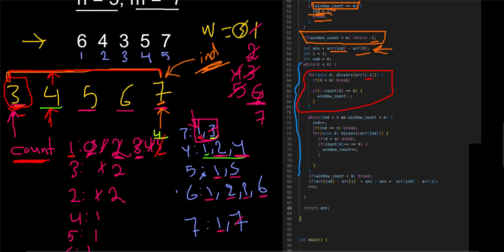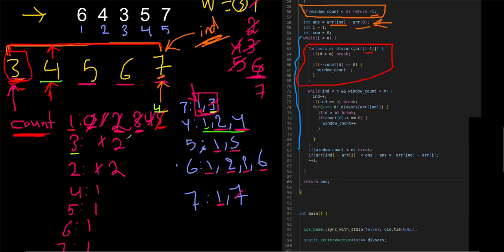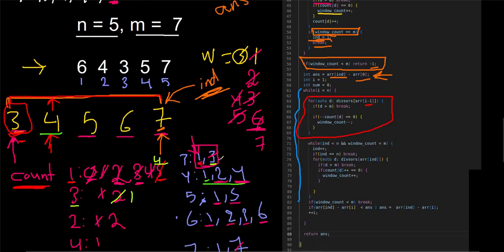Now the next value is 3. Here we have 2, so we subtract 1, so it becomes 1. We are done for all divisors for this student.